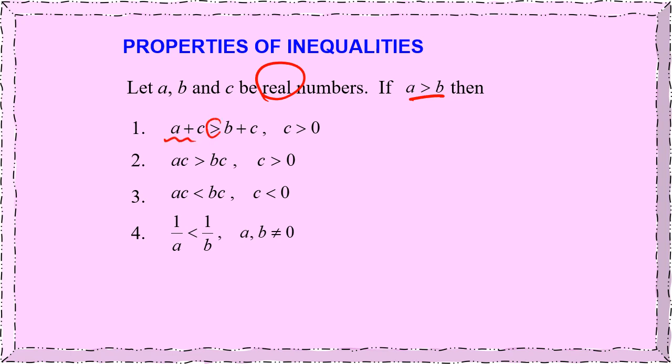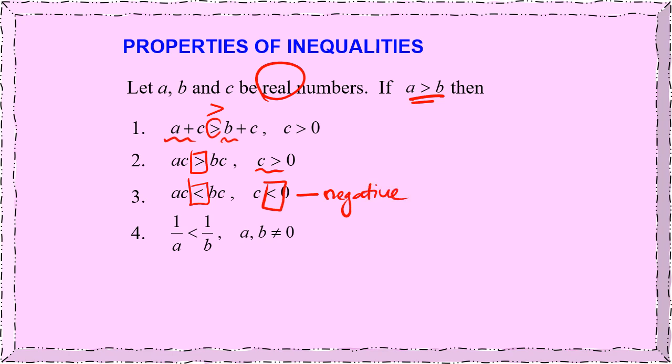Because A is more than B, so adding any value to these two expressions, it is always true and follows the more than from A more than B. And then A multiplied by C is still more than B multiplied by C if C is more than 0. But it will change the sign to less than when C is less than 0, meaning C is a negative number.